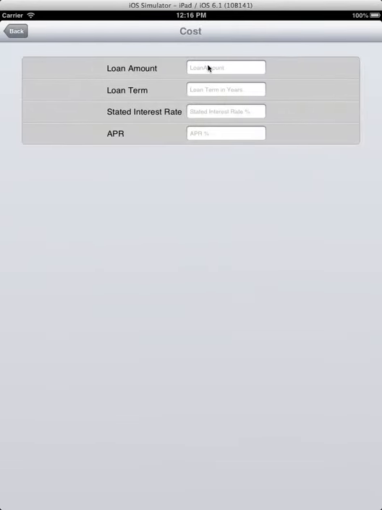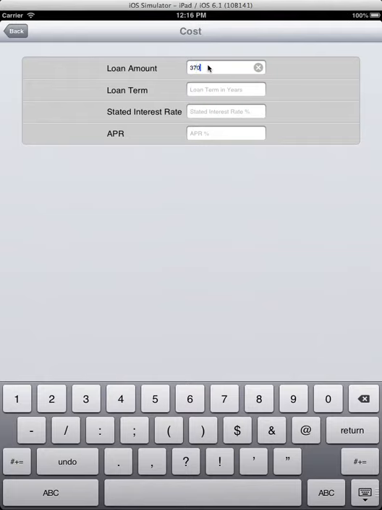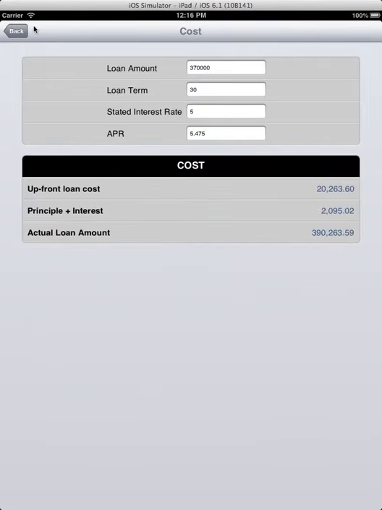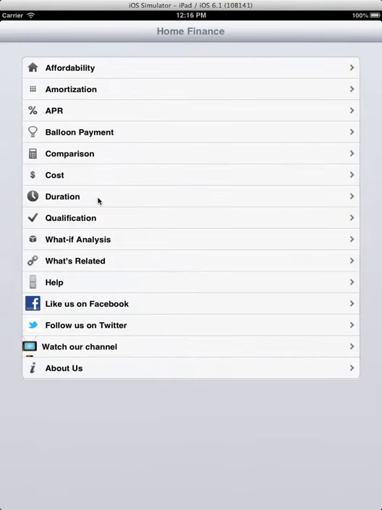And loan cost. Say loan amount is this much, loan term is that, and 5.375. That tells us the closing cost. And now duration.